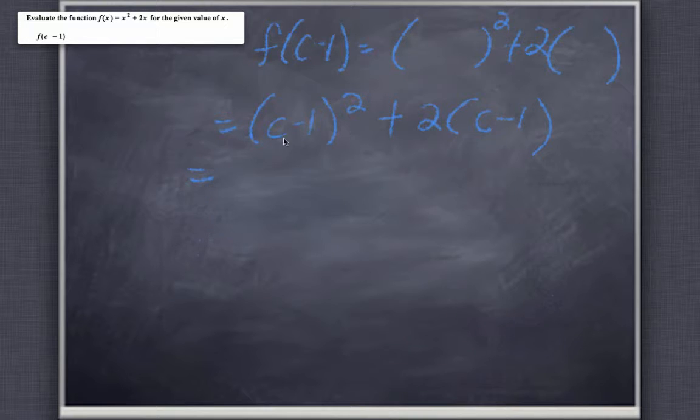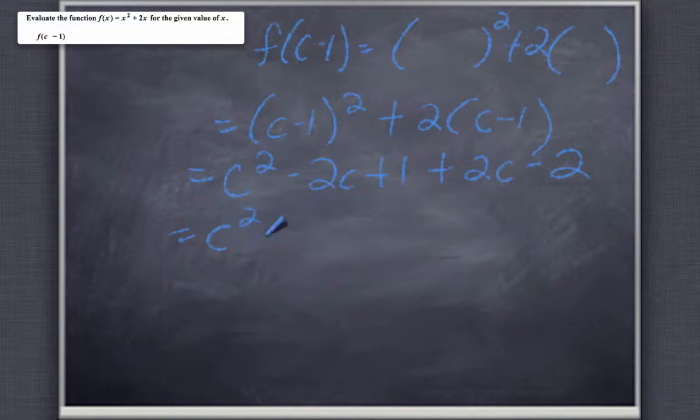Now I'm going to FOIL this. You can FOIL it all the way out if you want. You'll end up with c squared minus 2c plus 1. And I'm going to distribute that 2. Now I want to collect like terms. C squared minus 2c plus 2c, those cancel.